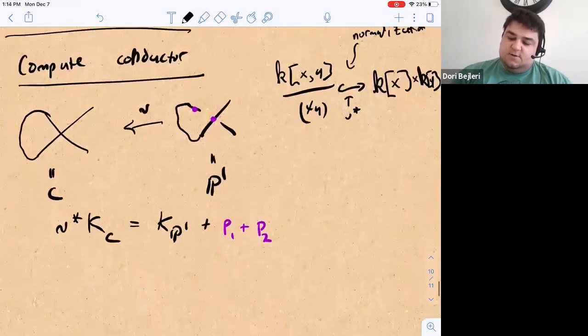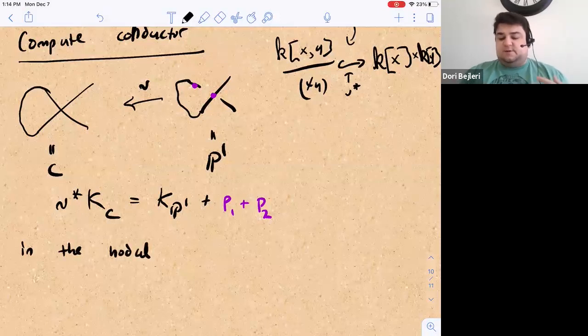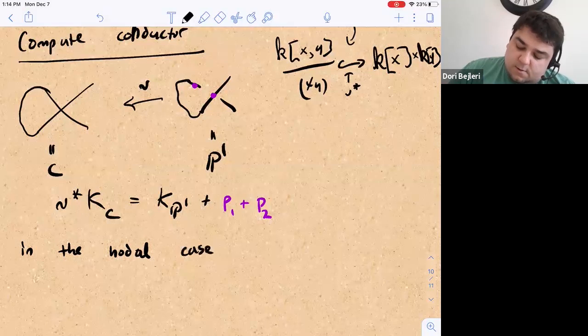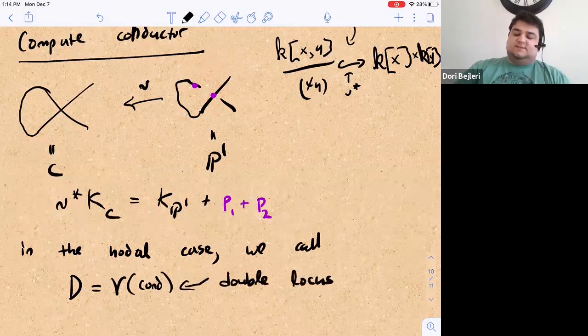And so in the nodal case, and thus in the nodal in codimension 1 case, because everything's determined by the codimension 1 behavior, we call the vanishing of the conductor the double locus, because it's the locus on the normalization where the normalization map is 2 to 1.